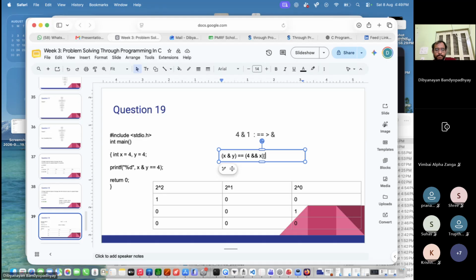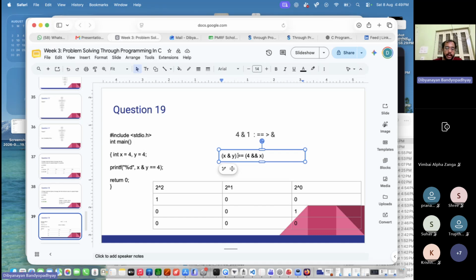Is it true or false? Anybody? It is true. So 4 equal to 1. So is it true? It is basically not true. So the whole expression will give 0.